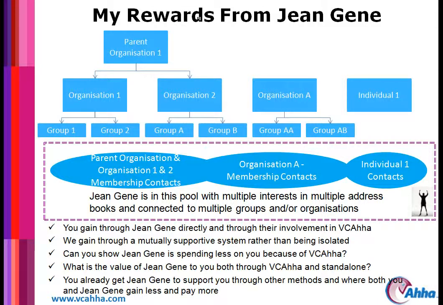Show us. Okay, it's hard to do. Now, if you're gaining through having Gene use the service, what's the issue? And that was the gist of the conversation we had. So, what is the value of Gene to you, both through the platform and standalone? That's a choice an organisation makes, and it's entirely their call.